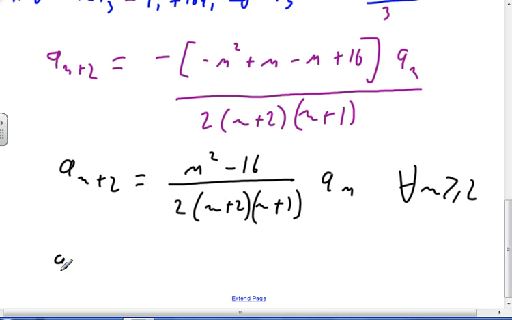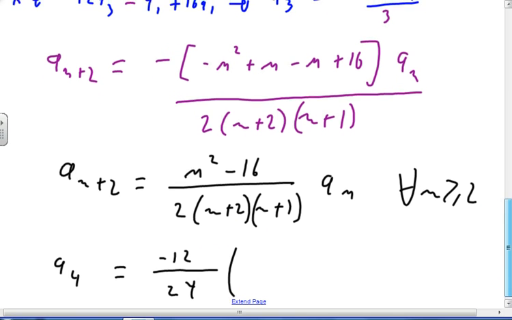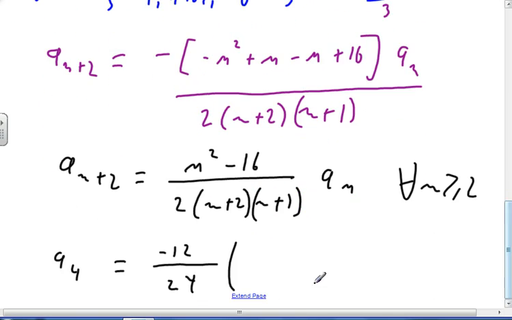All right, so I got a4 is equal to, n is now 2. 2 squared is 4. So I've got minus 12 over 2 times 4, 8 times 3, 24 times a2, and a2 is minus 4a0. 1/2, the negative sign goes away, 2a0.